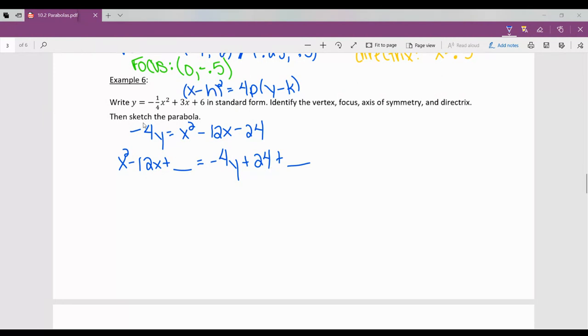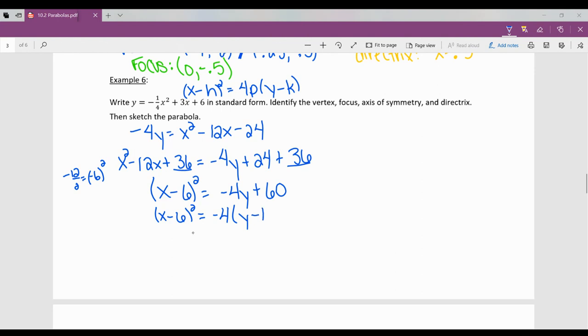All right, so completing the square, take the middle term, divide it by 2, -12 divided by 2, -6. We're going to square that. So I add 36 to this side, so I add 36 to that side. So this completing the square is going to be x minus 6 squared equals -4y plus 60.